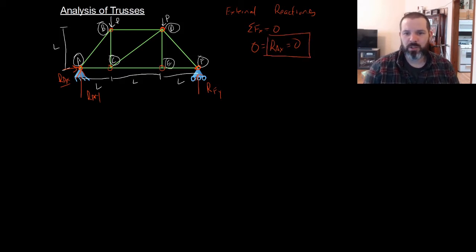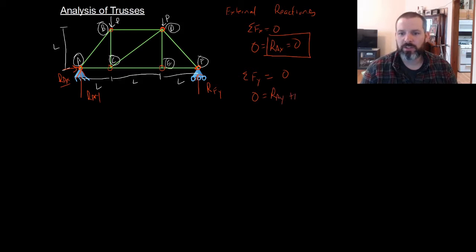If we sum forces in the y, they have to equal 0. 0 will equal RAY and RFY are going up. So we'll have RAY plus RFY. And then we have 2 loads of P acting down.